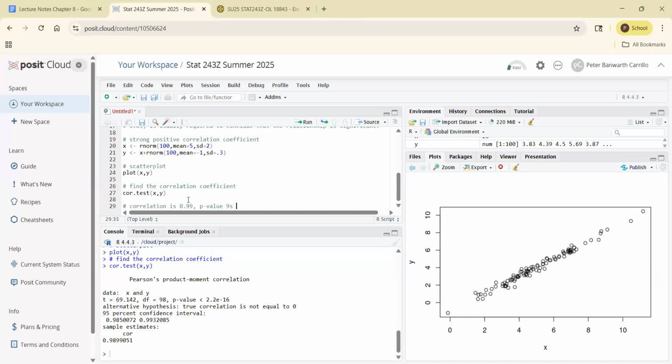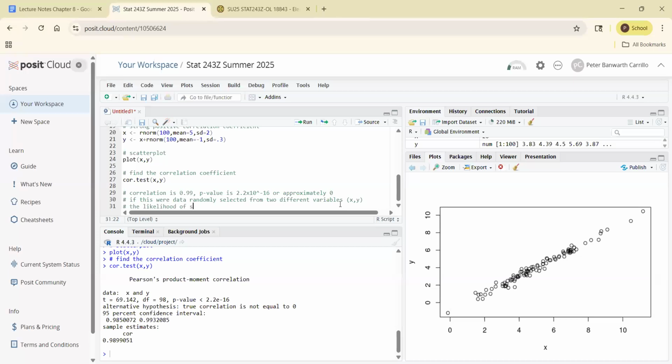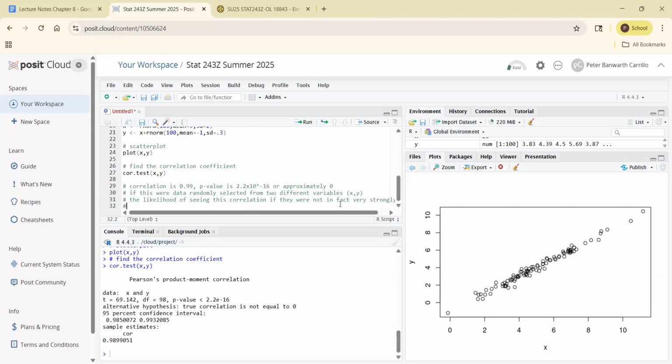The p-value is 2.2 times 10 to the negative 16, or approximately 0, and the interpretation of that is: if this were data randomly selected from two different variables, X and Y, the likelihood of seeing this correlation, if they were not in fact very strongly related, is essentially 0.